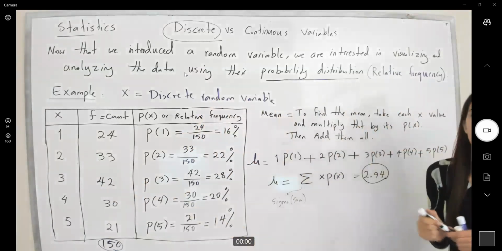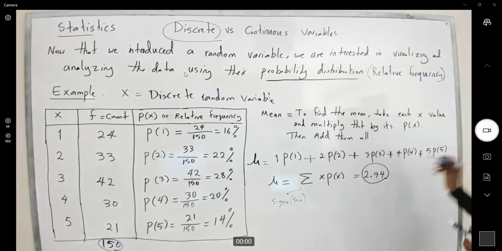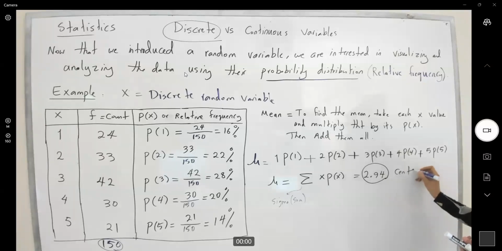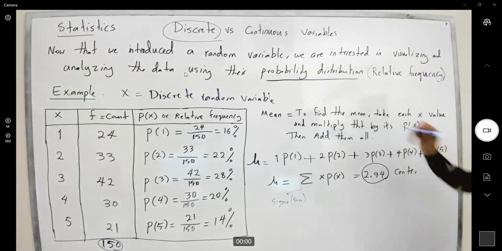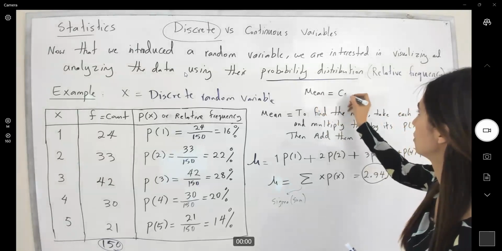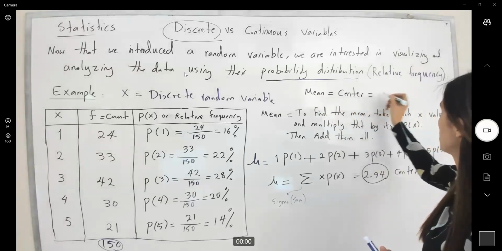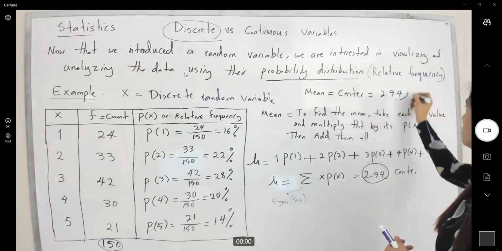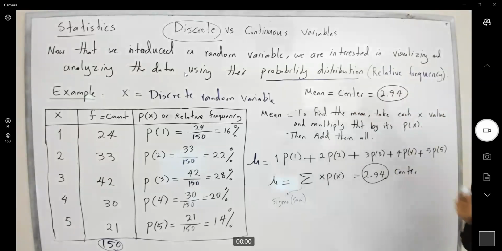Okay, this is the center that we found. Now, what about the variability? So I'm going to write down the center here on top. Mean, or expected value, for the center is 2.94. Keep that guy.